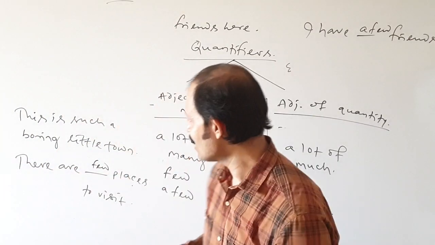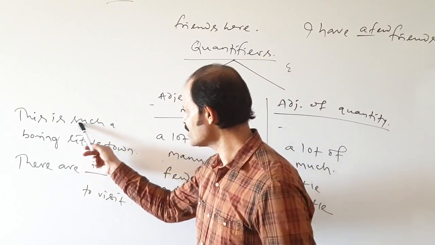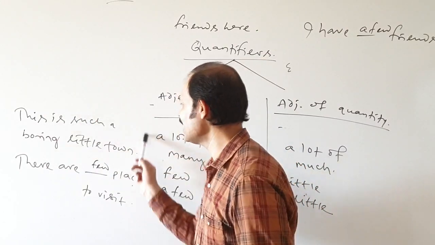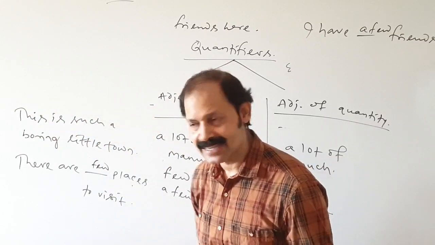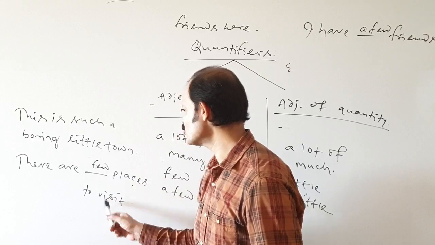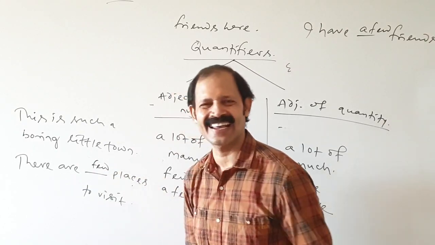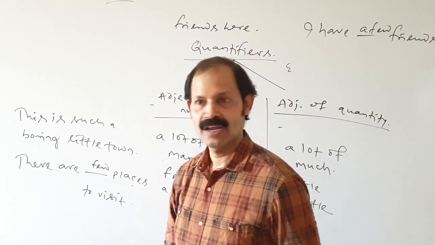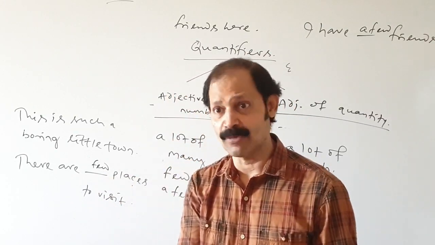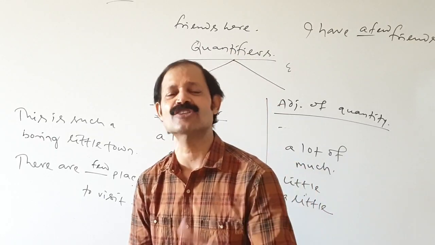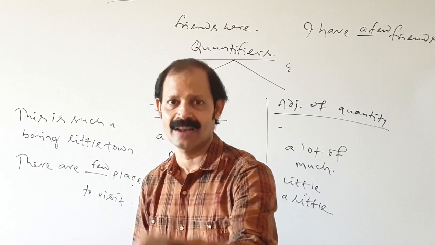Because the earlier part, this is such a boring little town, suggests that he is saying everything in a negative way. So this sentence should bear the negativity. That's why few places to visit should be used, because he wanted to say that no place is there to visit. But you cannot say no, because a bus stand would be there, a railway station would be there, a small park would be there, a few restaurants or hotels might be there.